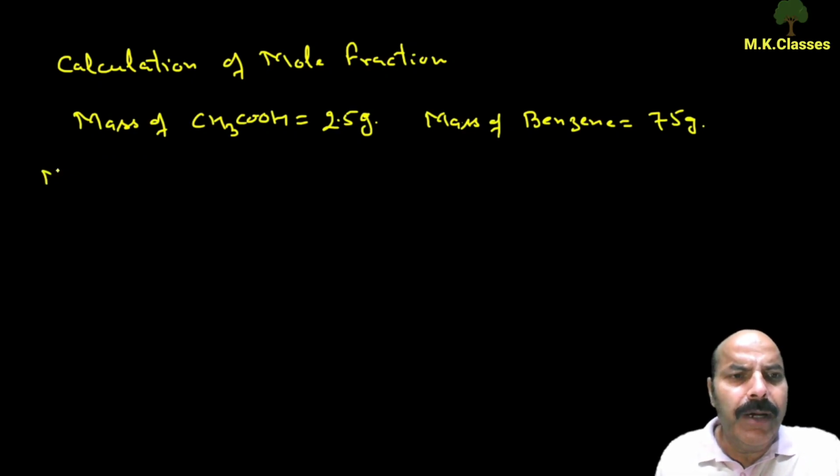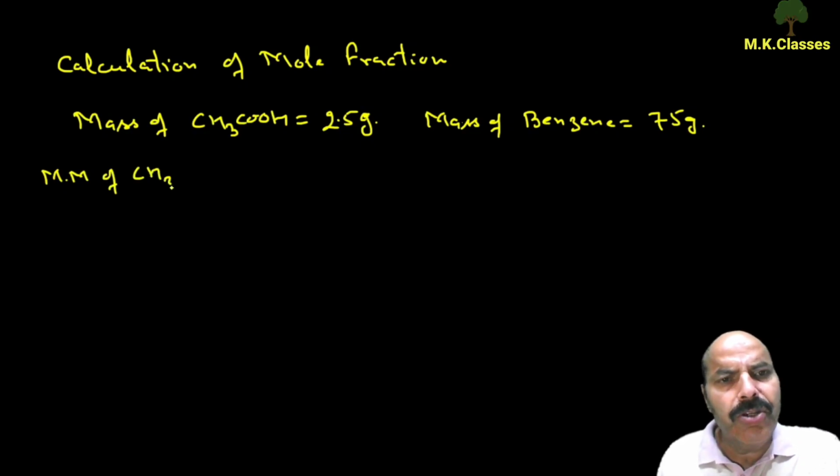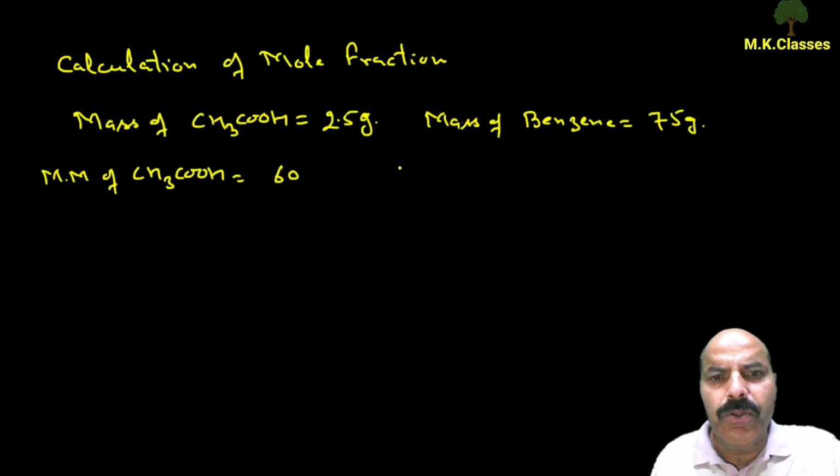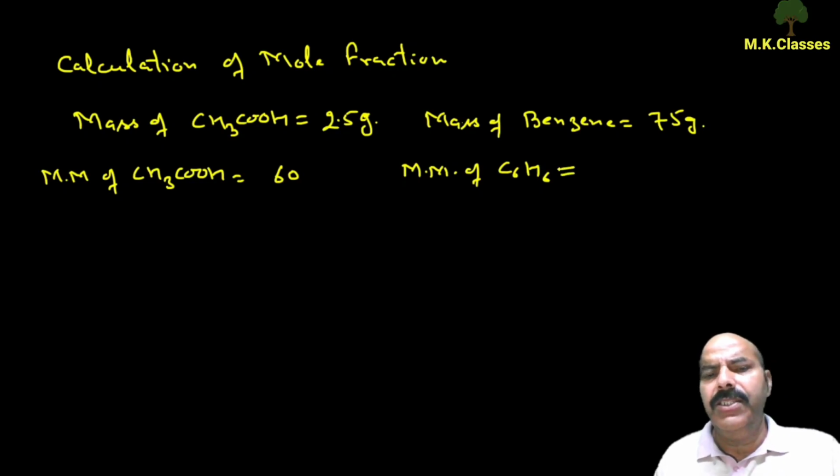So first of all, molecular mass of CH3COOH, that is 60 here, जो अभी हमने फाइंड आउट किया था बेटा. So similarly here molecular mass of benzene, का फॉर्मूला C6H6 बच्चों, and that is just equal to 12 into 6, 72, then 72 plus 6, that is 78.